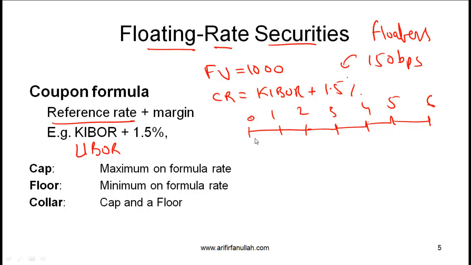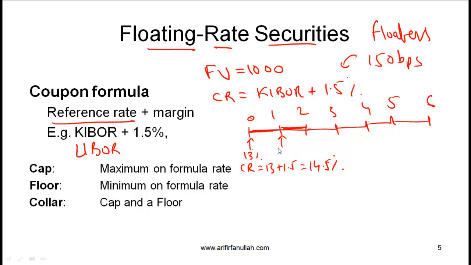The idea being that for every period the interest payment is based on KIBOR, or the benchmark rate, at the beginning of the period. So if at the beginning of period 1 KIBOR is 13%, then the coupon rate will be equal to 13 plus 1.5, which is equal to 14.5%. For period 2, we would see what KIBOR is at the beginning of period 2, which is the same as the end of period 1.